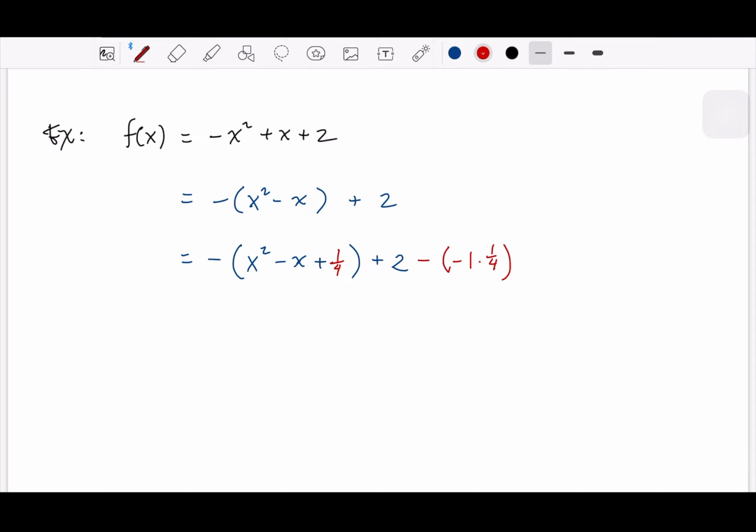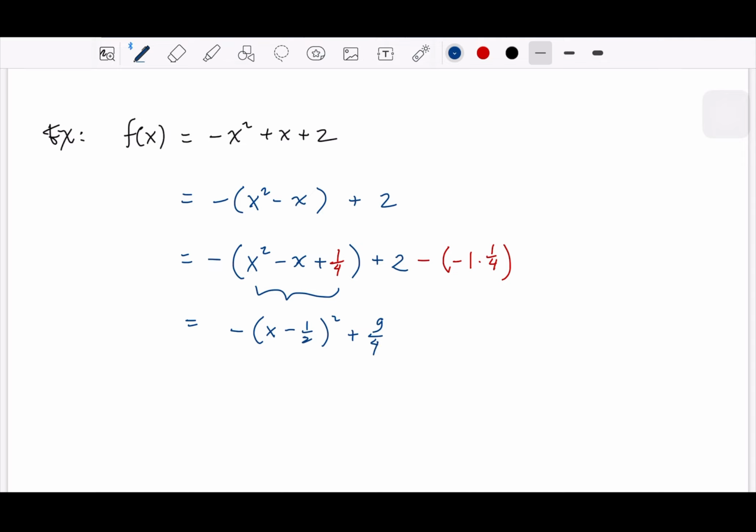We can simplify this, it becomes x minus half squared, plus 8 over 4 plus 1 over 4, which is 9 over 4.